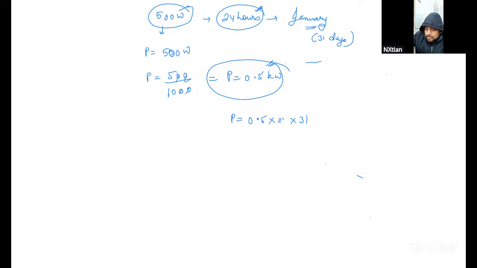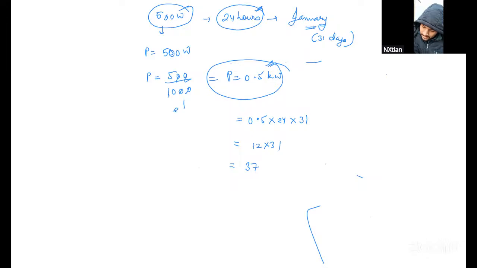So when you multiply it, it will become 12 into 31, which is 372. So it means that it's not power, it's basically electrical energy.